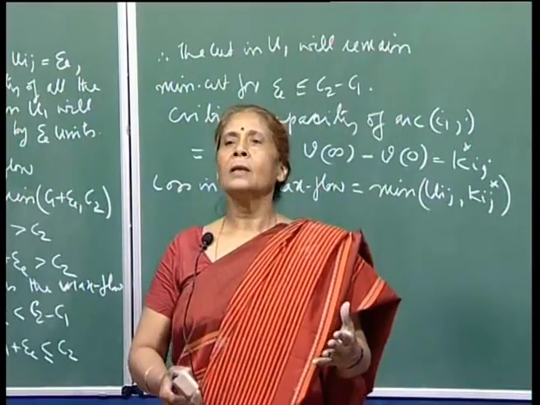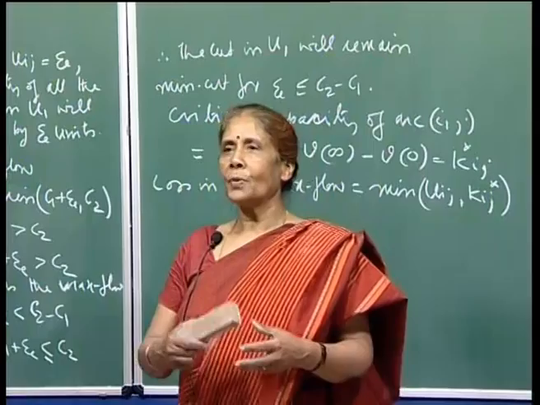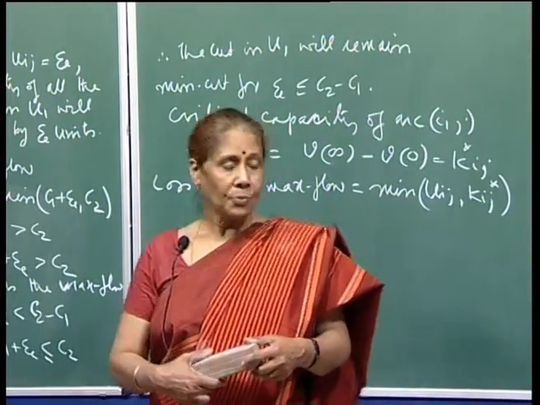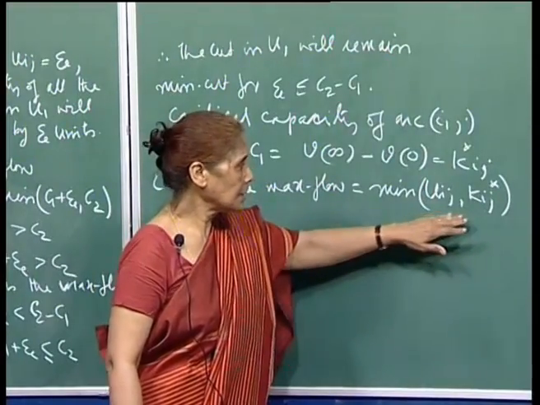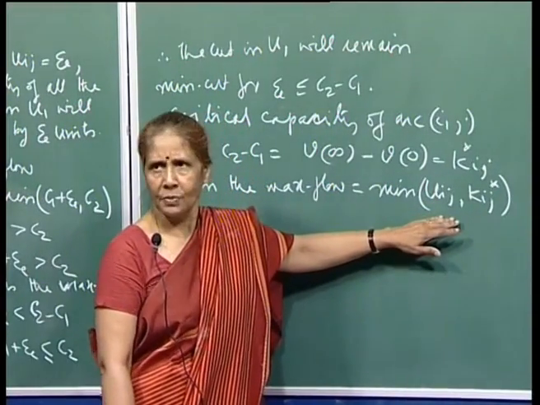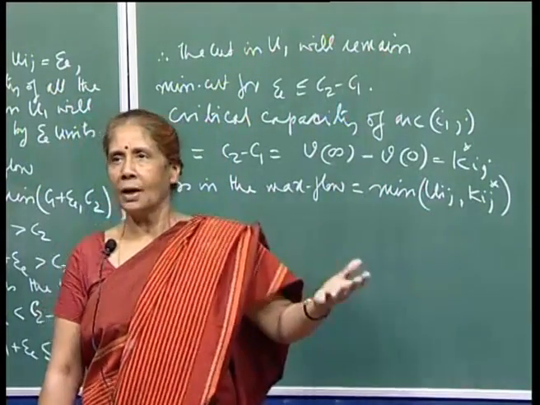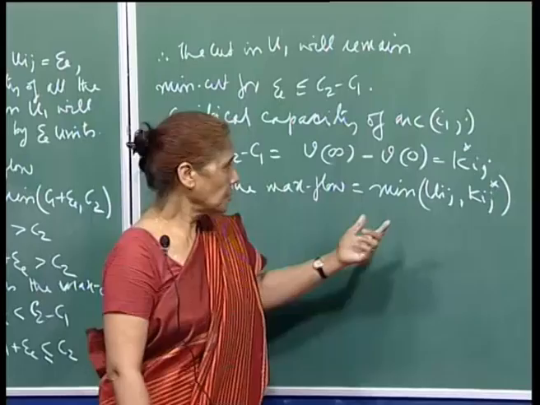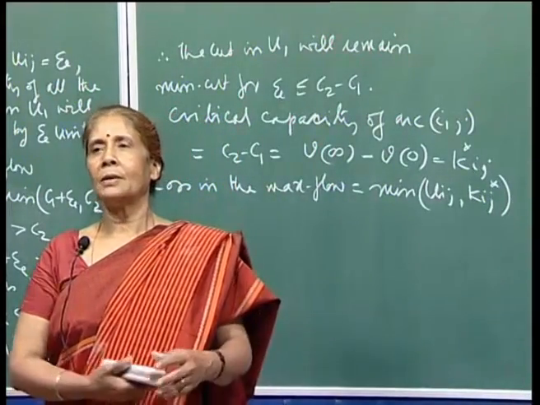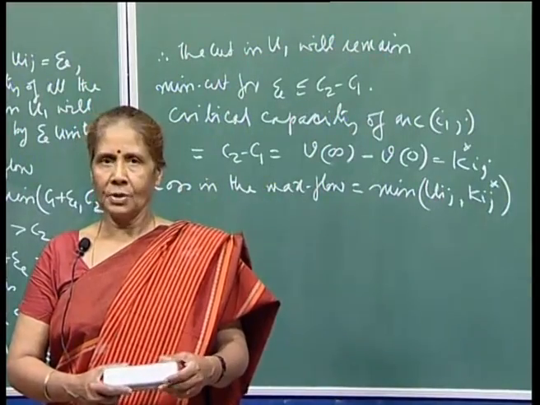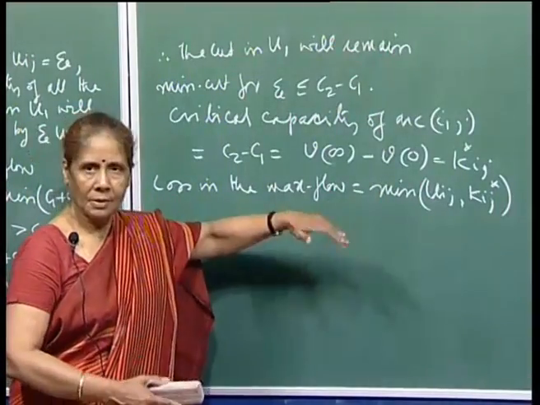Then the question is of finding the most vital arc in the network. For arc ij, I know this is the amount by which maximum flow will be lost in the network. So, I can do this exercise for each arc and find the arc whose destruction causes the maximum loss to the max flow in the network, and we will do many more interesting exercises with this.